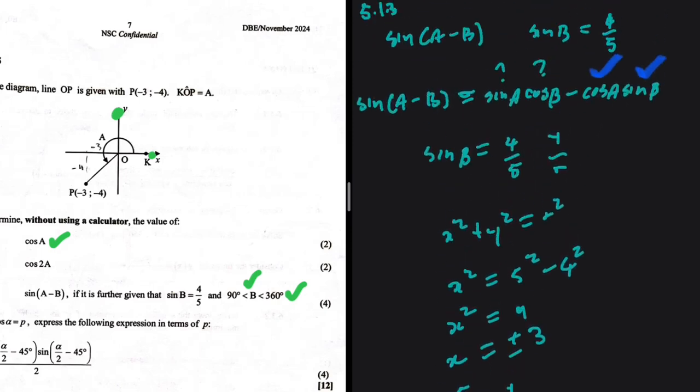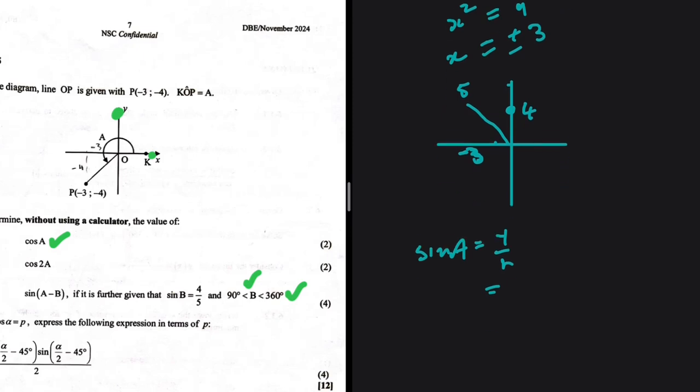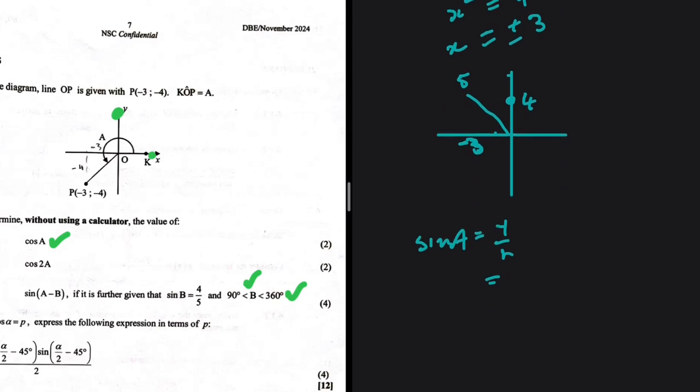So that will help us with sine A and cos B. So sine A is from the diagram we started with, right? So sine A should be opposite y over r. So sine A, y, we said that it is minus 4, right? And r is 5.